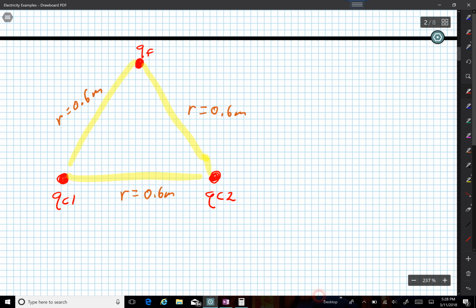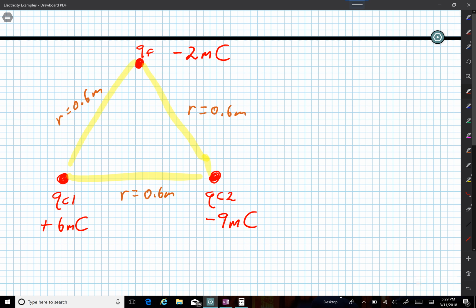Let's say that this is plus 6 millicoulombs. And let's make this minus 9 millicoulombs. And let's make this minus 2 millicoulombs. Okay? So those are the sizes of our charges.